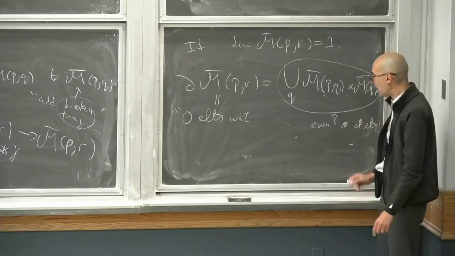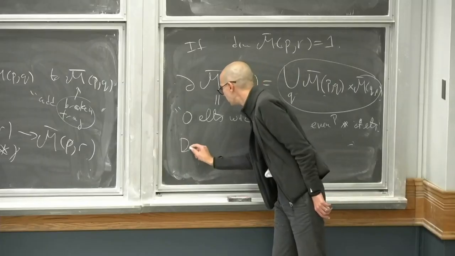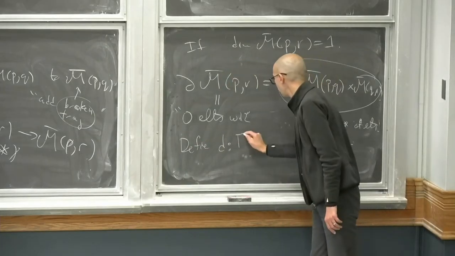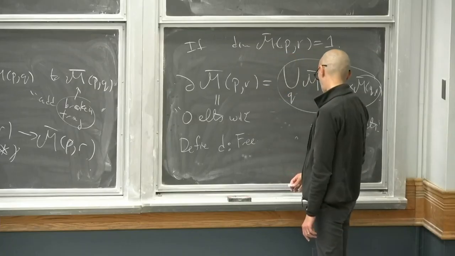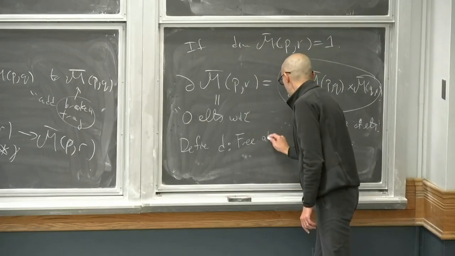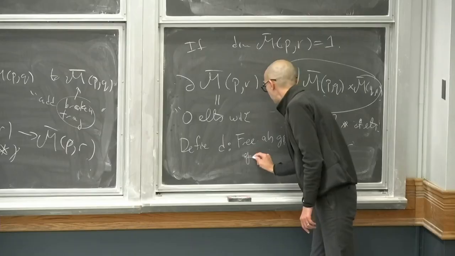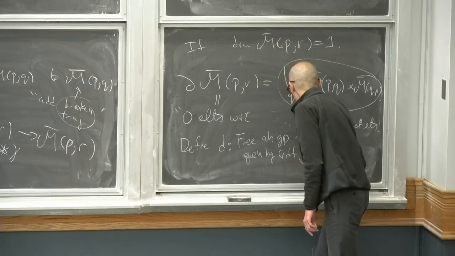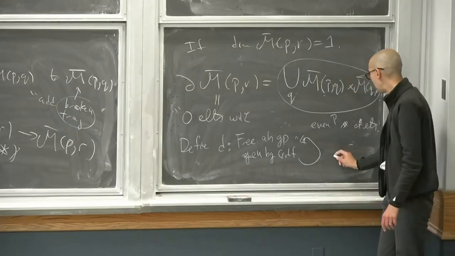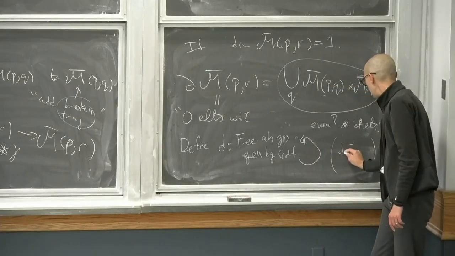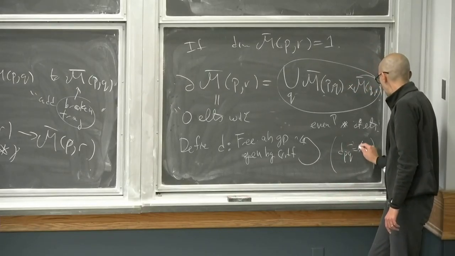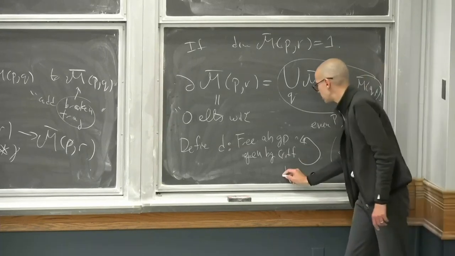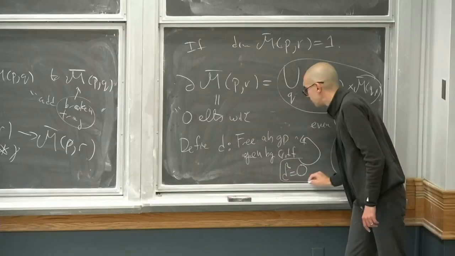Okay, and what that implies is that if you then define an operator that goes from the free abelian group generated by the critical points, by crit F, to itself, and you define it by the matrix d_PQ equals the number of elements of M bar of M_PQ, then this matrix squares to 0.